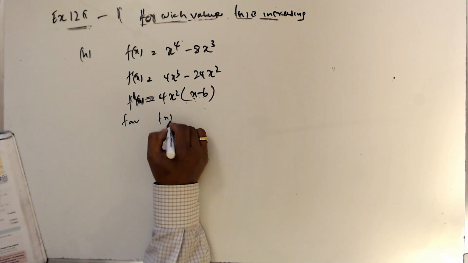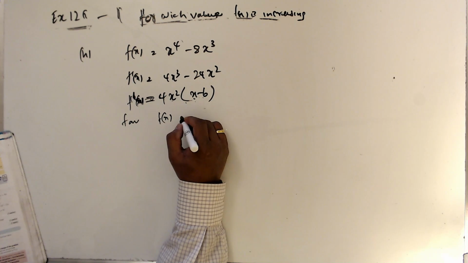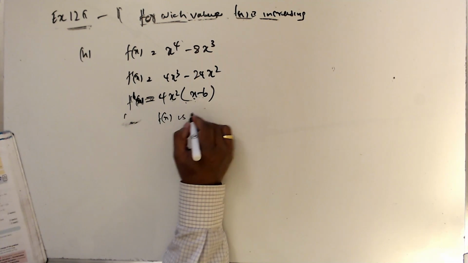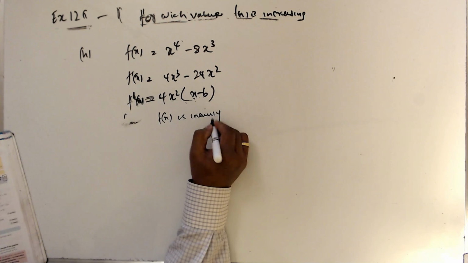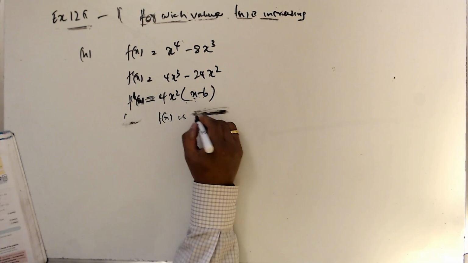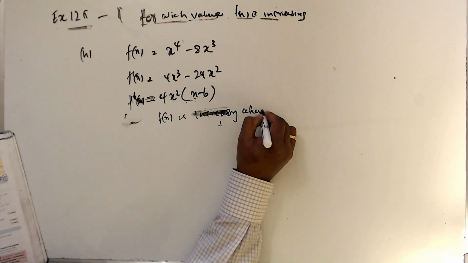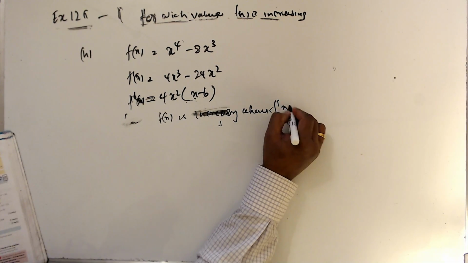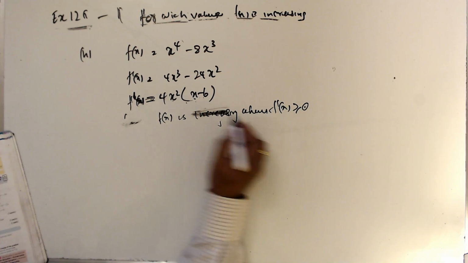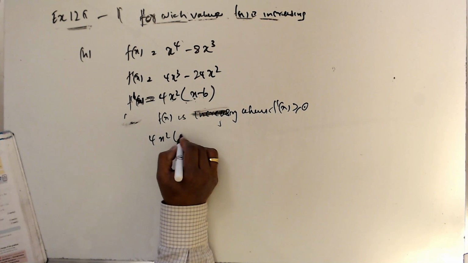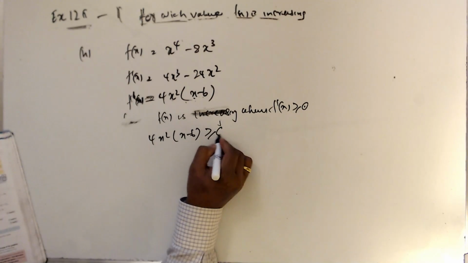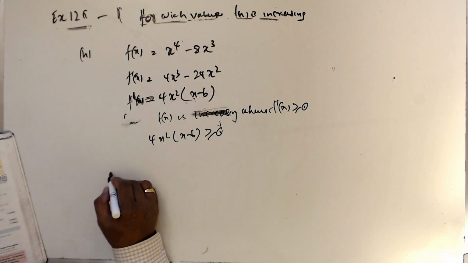For this, it is different. f x is increasing when f dash x is greater than or equal to 0, which is 4x squared times 6 minus x greater than or equal to 0.